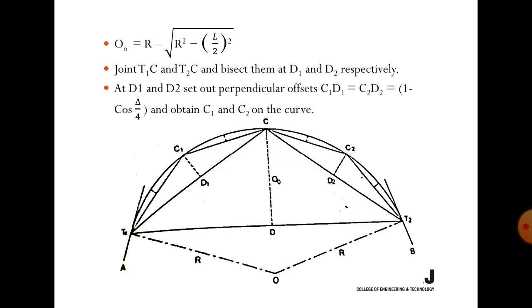Then after bisecting the point, center points D1 and D2 are marked on the ground. Then at D1 and D2 set out the particular offsets C1D1 and C2D2. Both values are the same: 1 minus cos delta by 4. Clear?